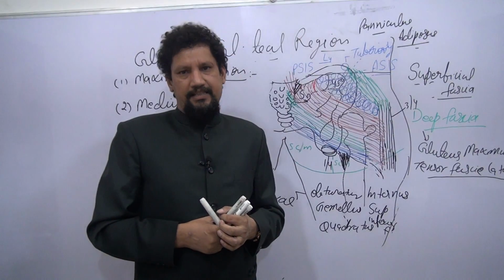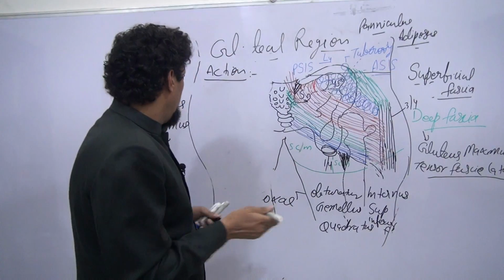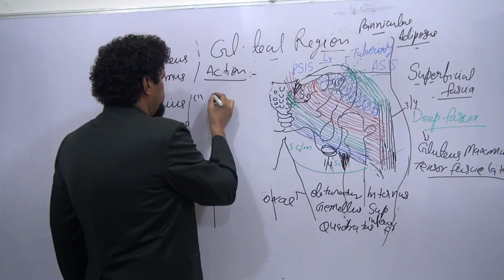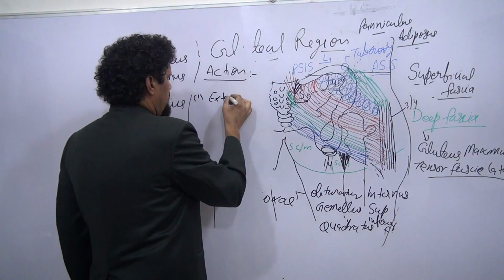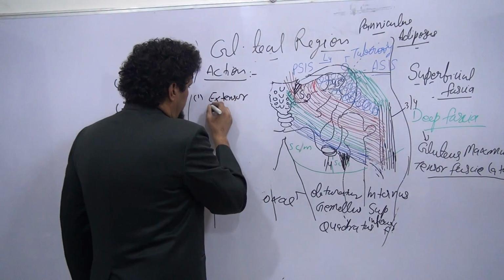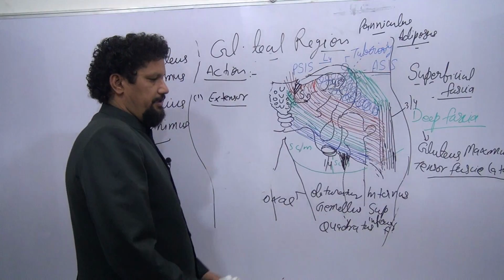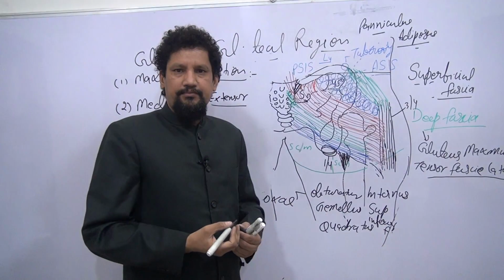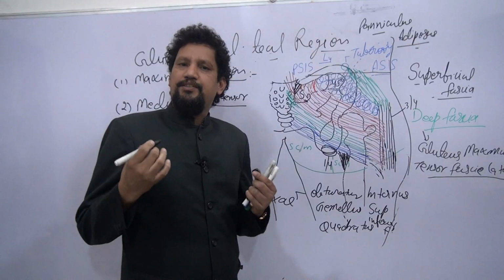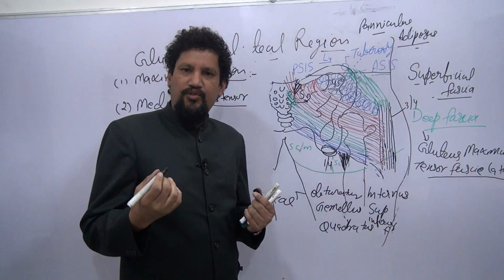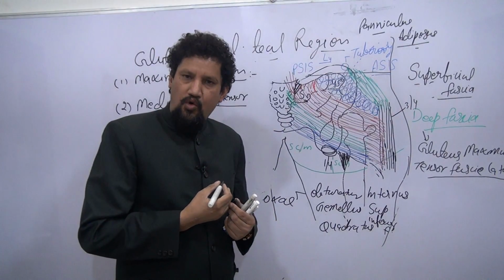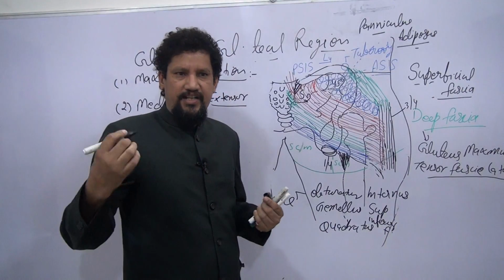In swing phase, it has no role. So as an extensor of the thigh and the trunk on the hip joint, it has a powerful extensor role in walking uphill and upstairs.